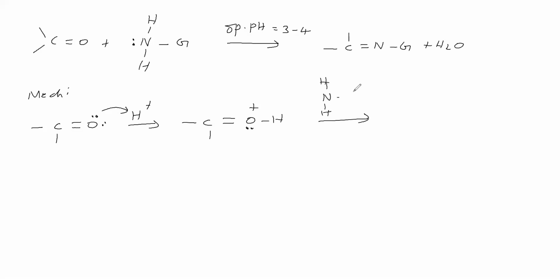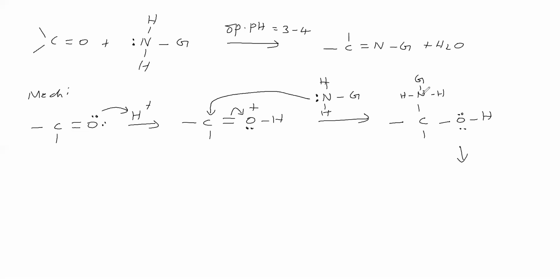This nucleophile is NH2G, and N has a lone pair. It attacks this carbon and the pi bond shifts, so we get NH2G and a single bond OH. What is the next step? We will see.